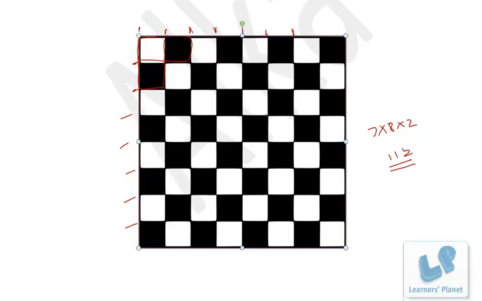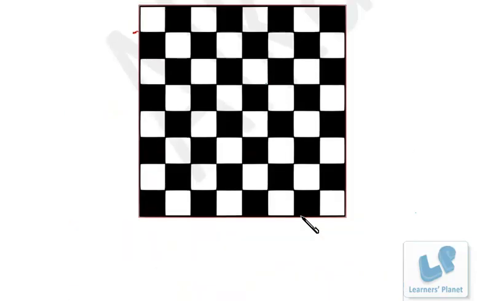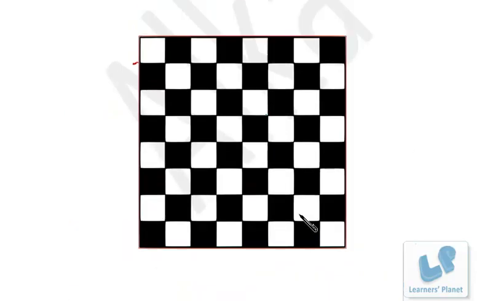Okay. Similarly, in how many ways can we select two small squares from a chessboard when they have a common vertex? Now, if we have to see common vertex, these two have a common vertex. These two have, these two have, right?